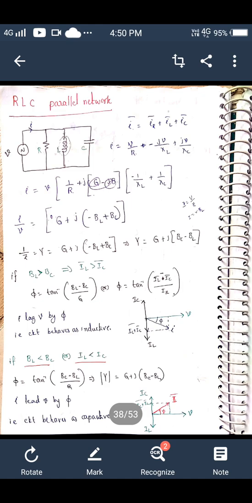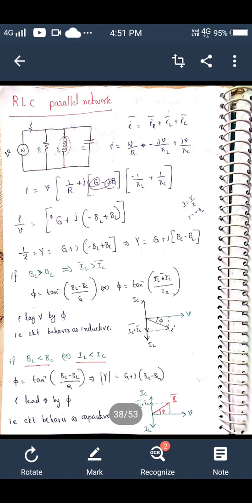So 1 by Z is nothing but Y, which is equal to G plus J into BC minus BL. Now if BL is more than BC, then IL is more than IC.